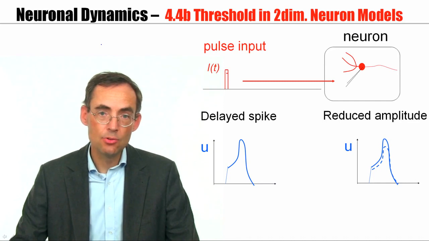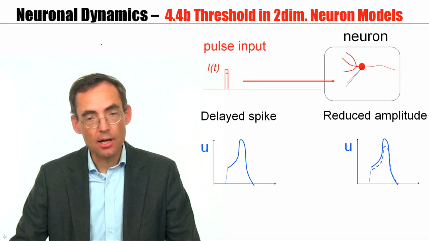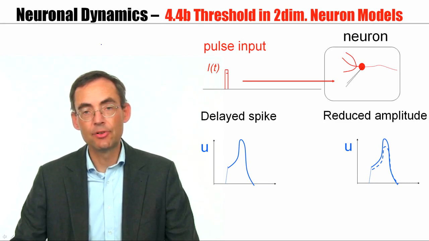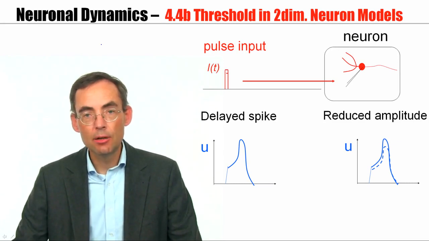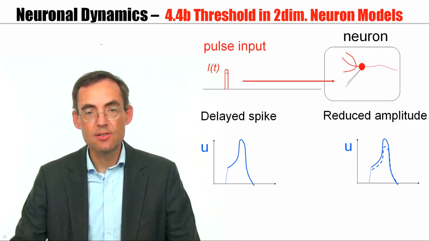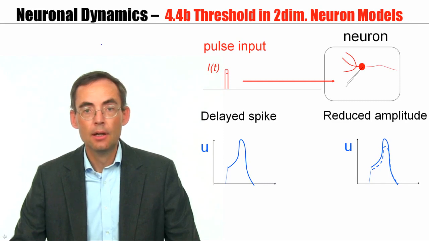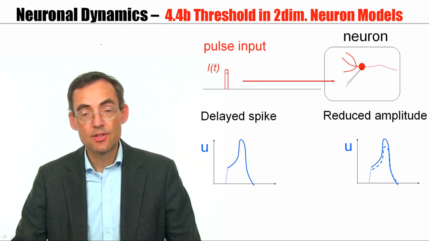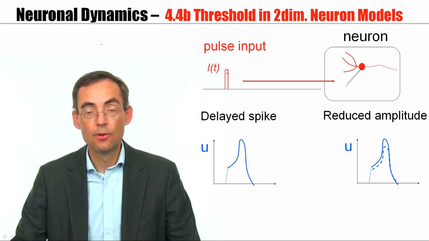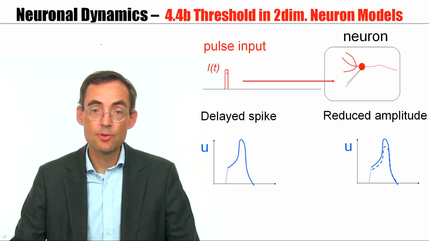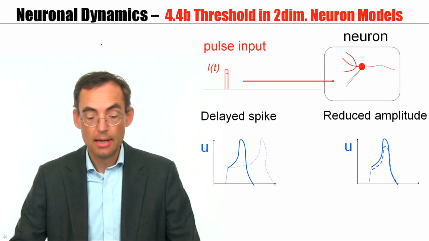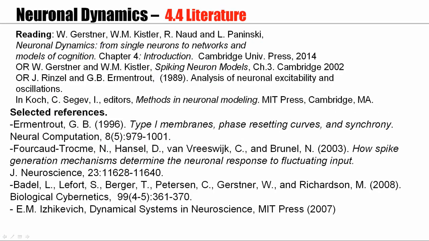Formally, amplitudes of the response can have any size. However, in the limit of a separation of timescales, the middle branch of the U-null line plays effectively the role of a threshold. Now, these are, as I said, classical topics of theoretical and mathematical neuroscience, of computational neuroscience, and I invite you to look at the literature and please also have a look at the quiz.